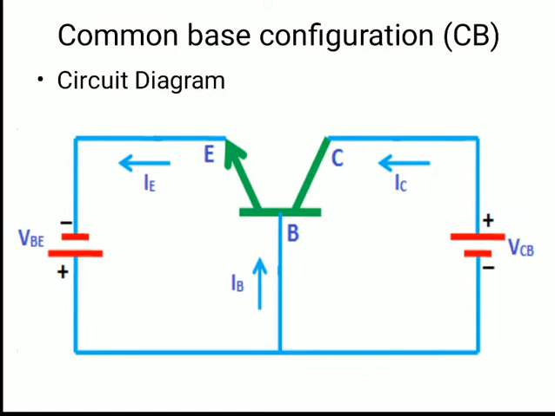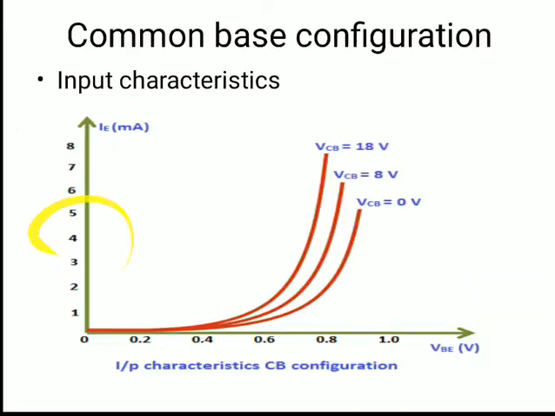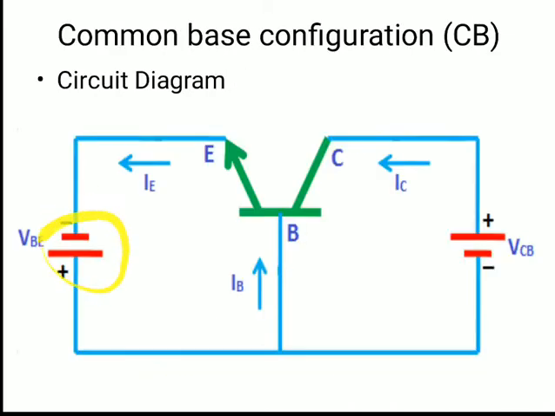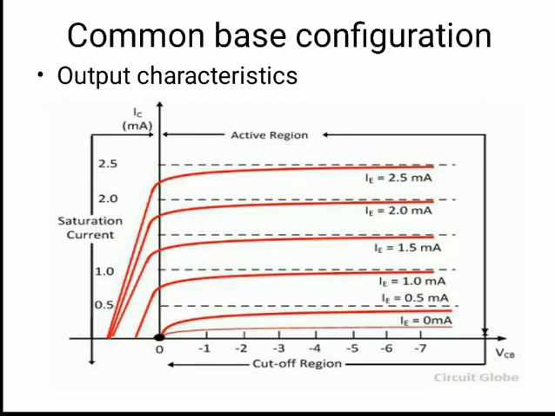Because it is an NPN, N is connected to negative and P is connected to positive, so EB is forward biased and CB is reverse biased. VCB is already in reverse bias. So if we want to use this transistor in the cutoff region, we interchange this voltage, because then we get VEB as reverse bias.